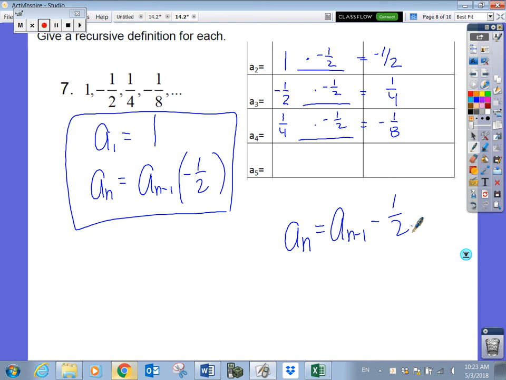If you write it next to it out in front, negative 1/2 a sub n minus 1, that is okay. That means multiply. This means subtract. So if you don't put parentheses or a little dot in between it, it means subtract. Whatever you meant it to be, you write what you mean. Okay, so again, if you use parentheses, then it's not a problem. Divide by negative 2 would be fine as well.